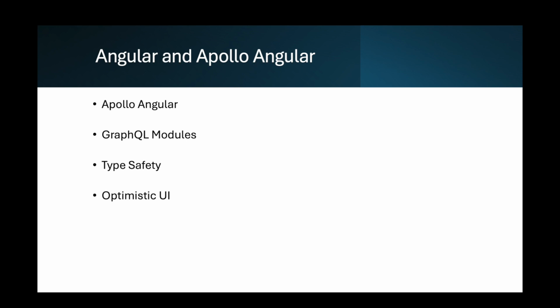You can do type safety, where you can benefit from Apollo Angular's type-safe GraphQL queries and mutations using TypeScript to ensure type safety and improve developer productivity. You can also create an optimistic UI. You can implement optimistic UI updates with Apollo Angular to provide immediate feedback to users and improve perceived performance.